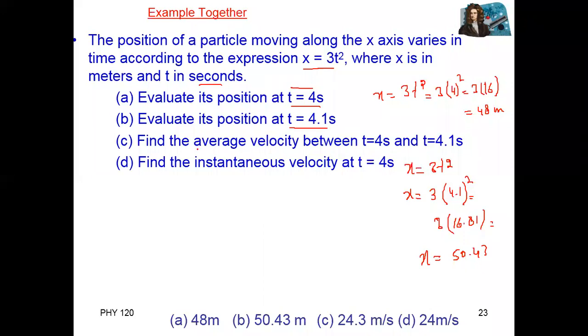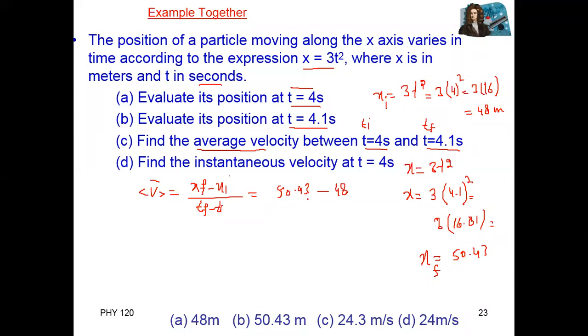Third one, find the average velocity between 4 seconds and 4.1 seconds. This is your initial time, this one is your final time. Displacement is given, this is your initial xi and this one is your final. Average velocity is xf minus xi divided by tf minus ti. xf is 50.43 minus xi is 48, divided by final time 4.1 minus initial time 4.